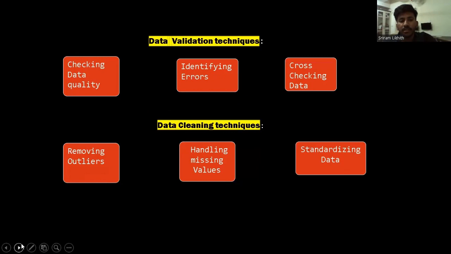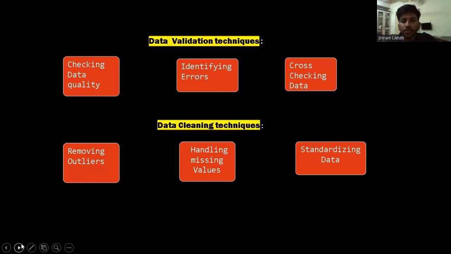If we come to the data validation techniques, checking data quality, we cannot go through the techniques by just looking at the data which has been produced by the officers appointed for collecting the data, because there will be human error.